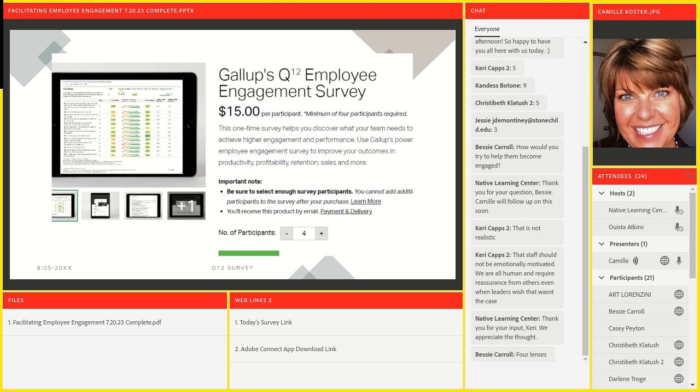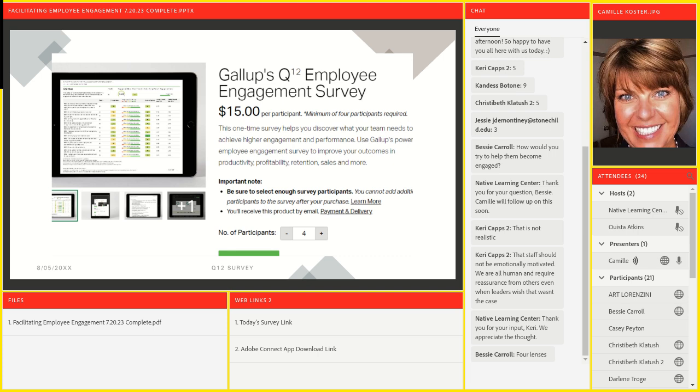This is Gallup's Q12 Employee Engagement Survey. You can just go to gallup.com. Once again, I'm not a sponsor of this at all. It's just an incredible tool that we can use as leaders to really help us with this. You have to purchase a minimum of 4 of these surveys, but it's $60. And you can get it for your entire team, or your whole organization, whatever you want to do.